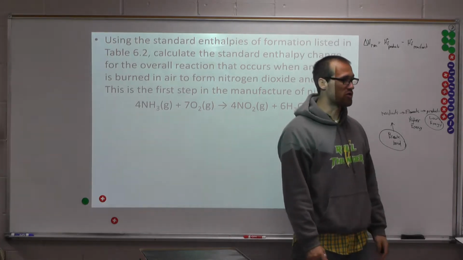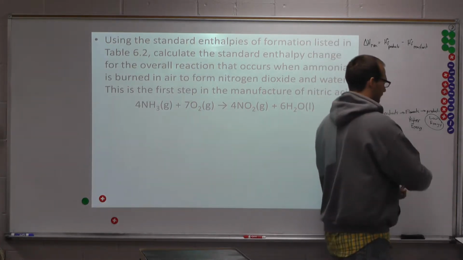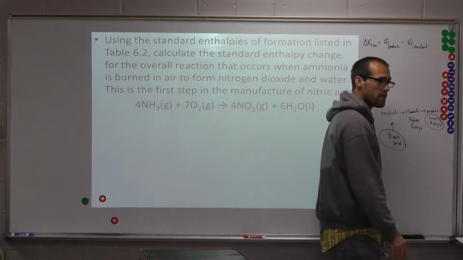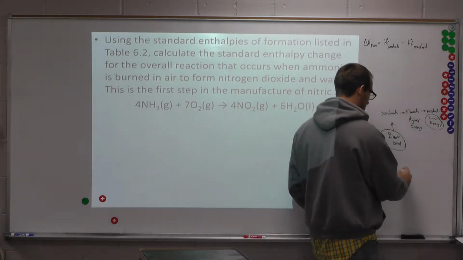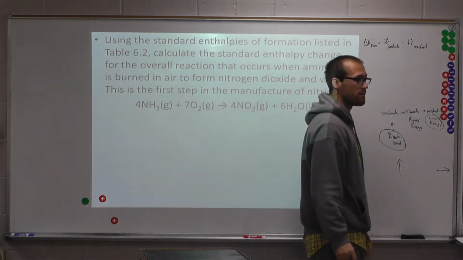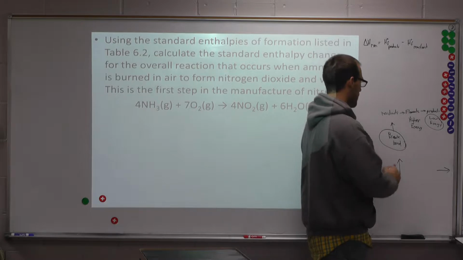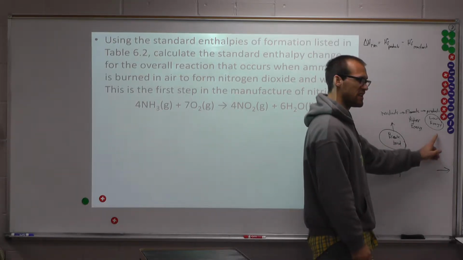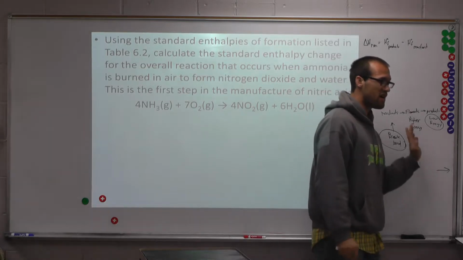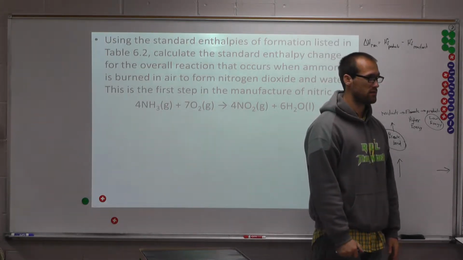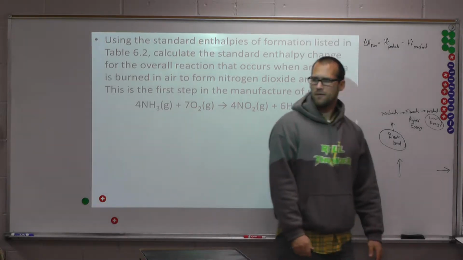If it requires more to break the bonds than energy given off when they form bonds, it's going to be endothermic, because more energy is going in, less going out. But if it didn't take that much energy to break the bonds, and we formed really low energy products, a lot of energy got released, then we have an exothermic reaction. Does that make sense? Yeah.